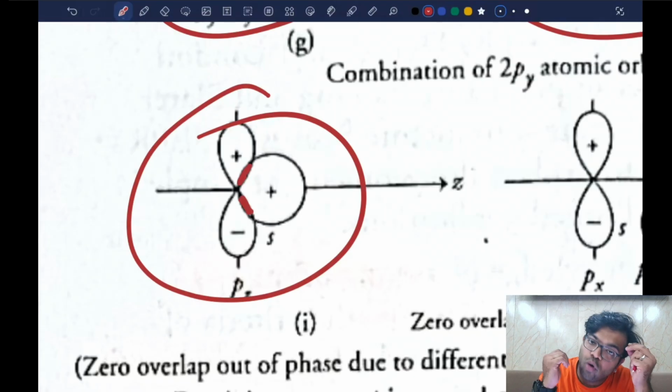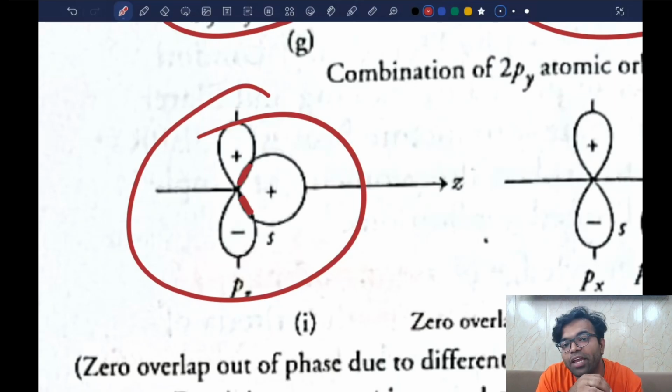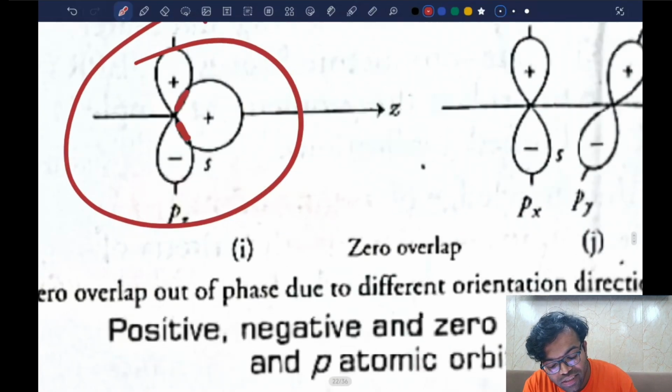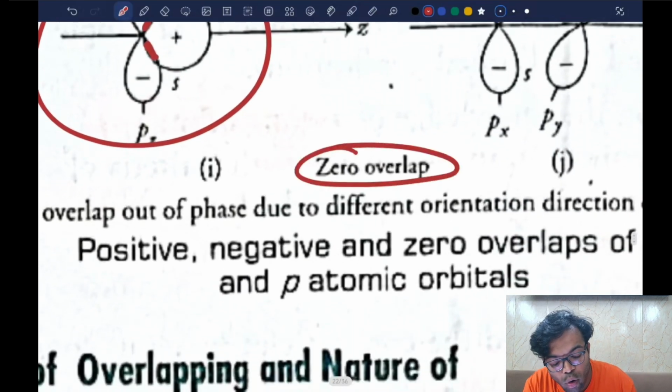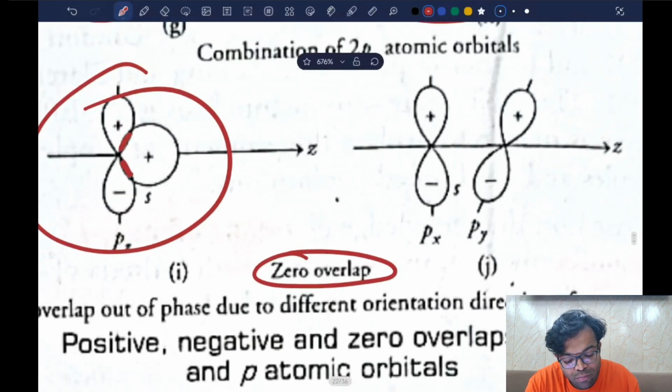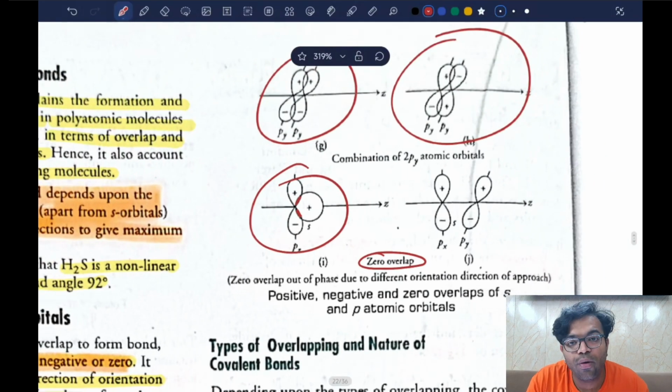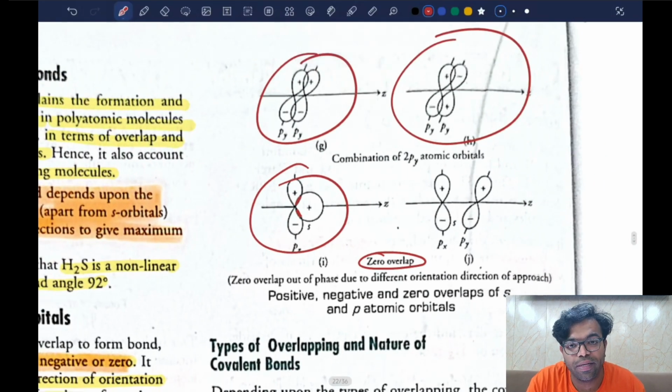But since there is no overlap happening, there is no sharing of electrons actually taking place. We call such a type of overlap zero overlap. The name should actually give you the clue. When no overlap happens between the two orbitals, we call it zero overlap. Understood?